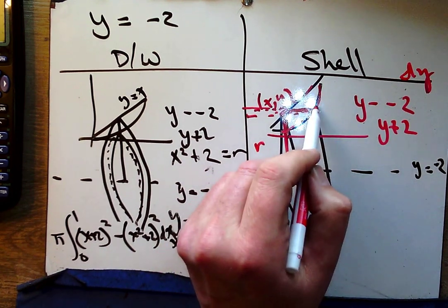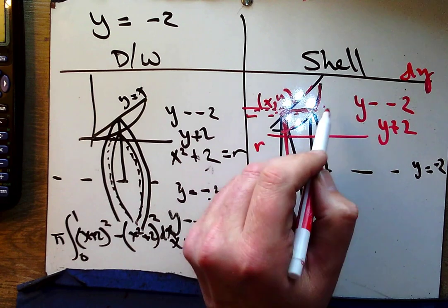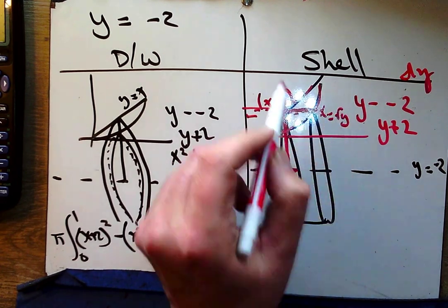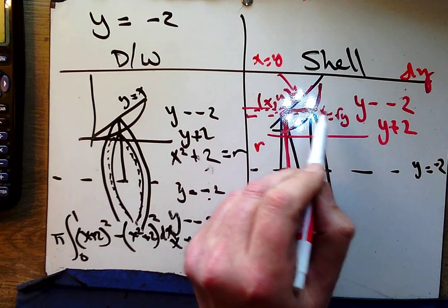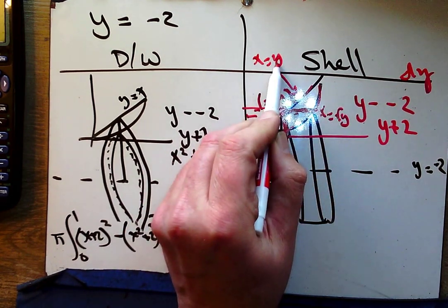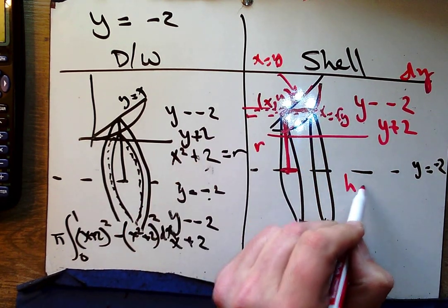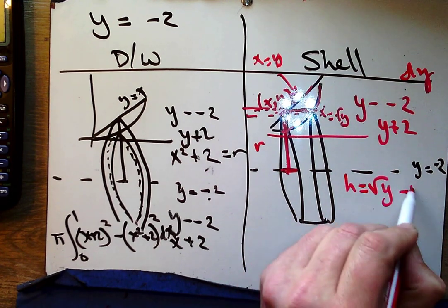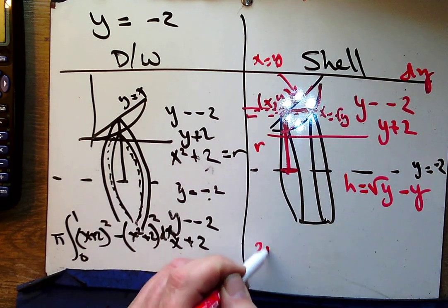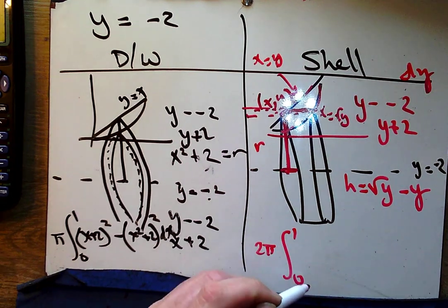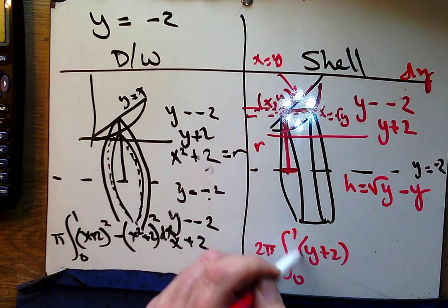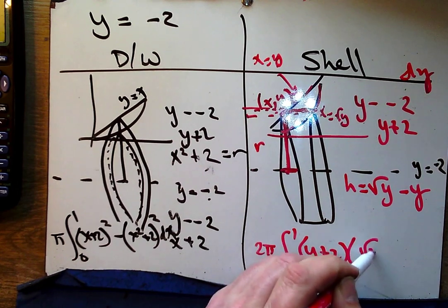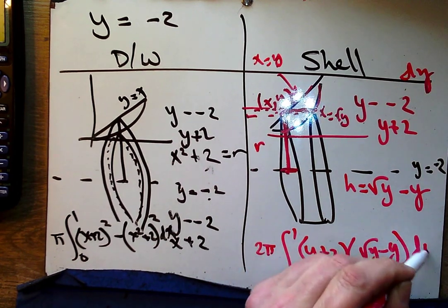Well, we've been saying that this x value is square root of y, whereas this x value is y. So if I do right minus left, I get that height is square root of y minus y. So 2 pi, 0 to 1, radius is y plus 2, and height is square root of y minus y, dy.